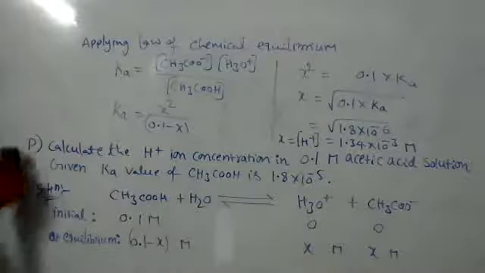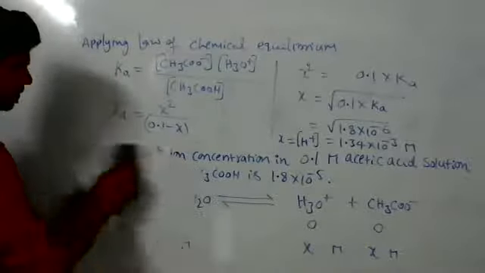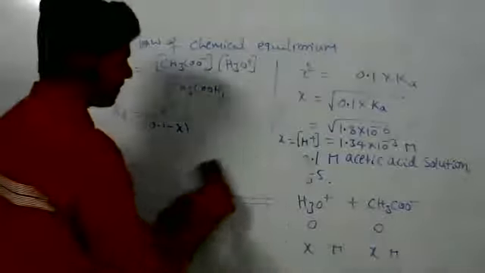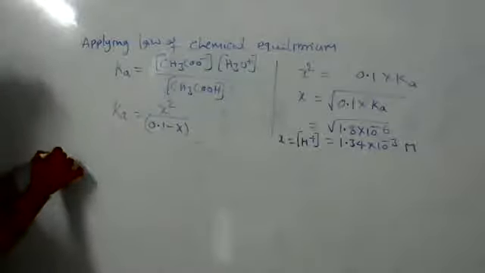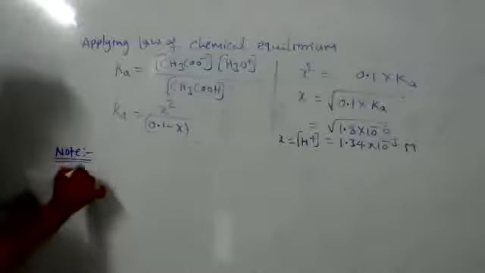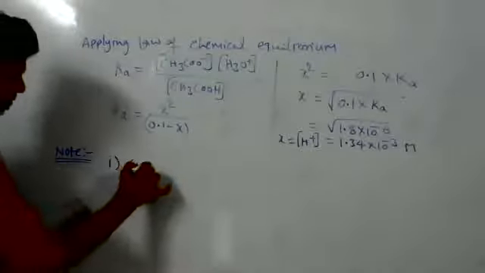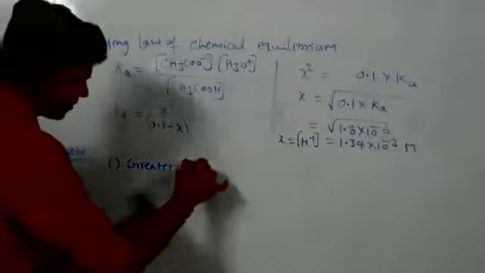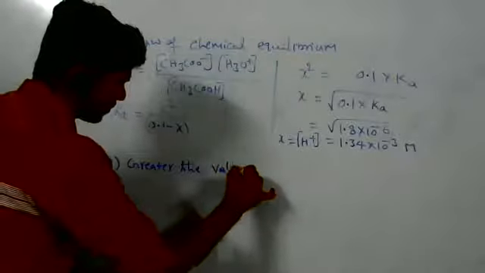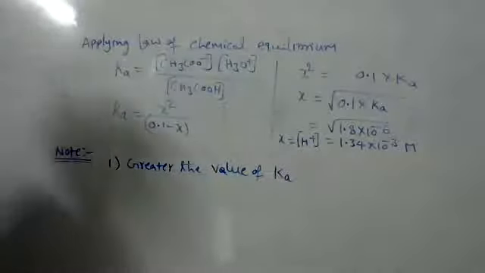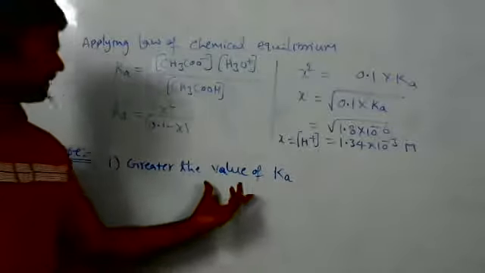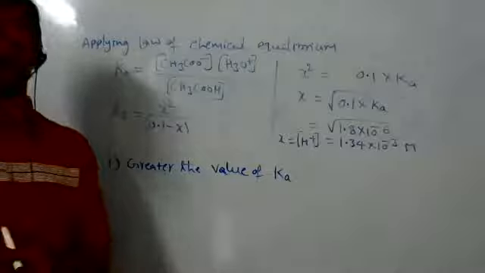Okay, all right. Note points. Suppose the greater the Ka value, where Ka is the dissociation constant, the greater the number of H⁺ ions produced. A large Ka means a large amount of acid is undergoing ionization.